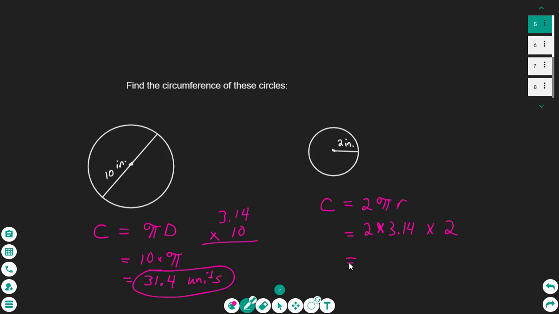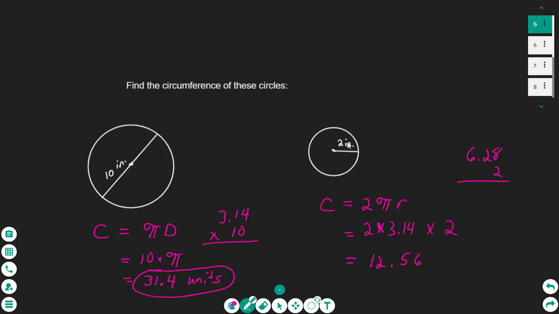So now we just need to multiply this out. 2 times 3.14 is going to be 6.28. And then 6.28 times another 2 is going to be 12.56.